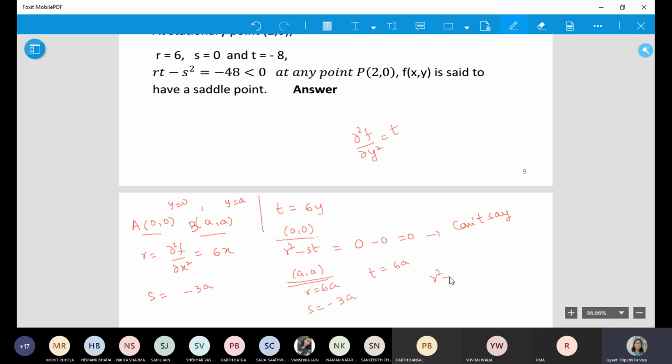So r square minus st is 36a square plus 18a square, which is 54a square. 6a whole square is 36a square, and s is minus 3a, so it becomes plus, and 54a square comes.